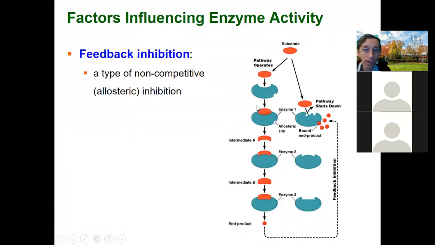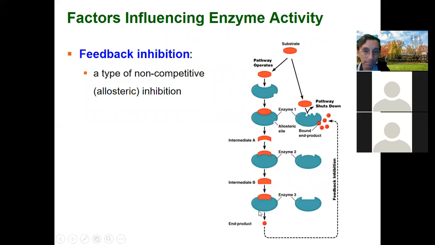So we have one molecule, substrate, which is converted to intermediate A by enzyme 1. And then intermediate A is converted to intermediate B by enzyme 2. And then intermediate B is converted into the end product by enzyme 3.